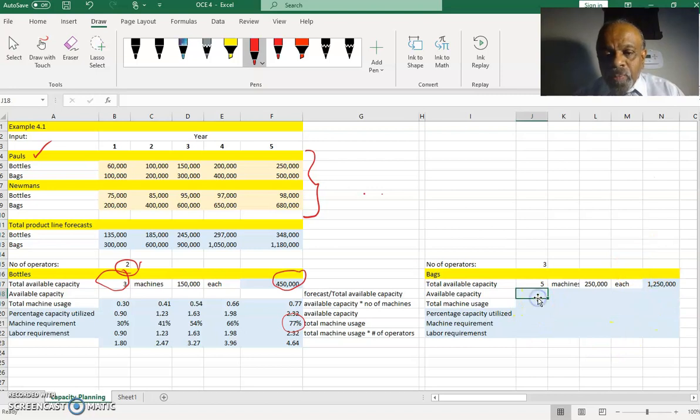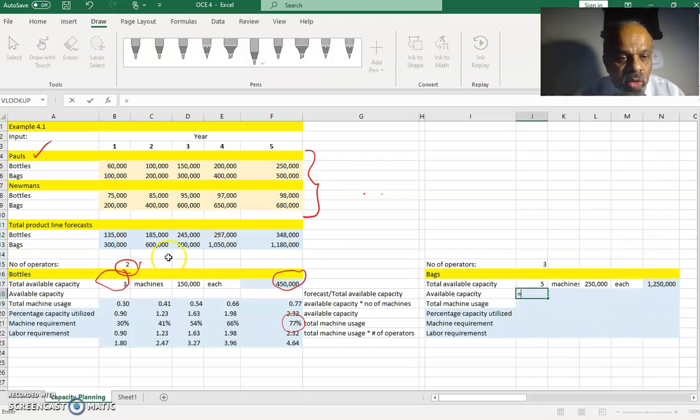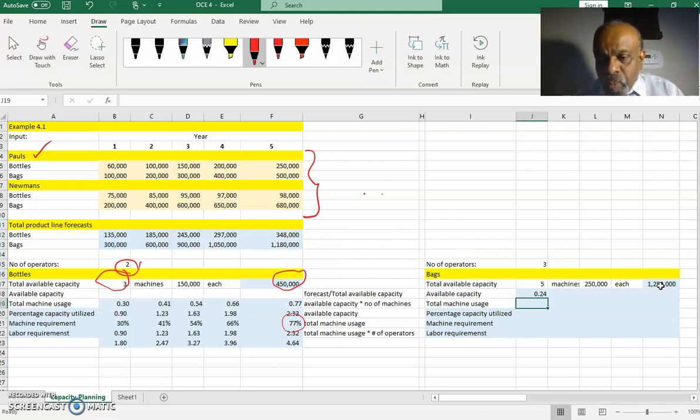My available capacity for the bags is going to be 300,000 divided by 1,250,000, that is 0.24. My total machine usage is going to be 0.24 times the number of machines, which is 1.20.